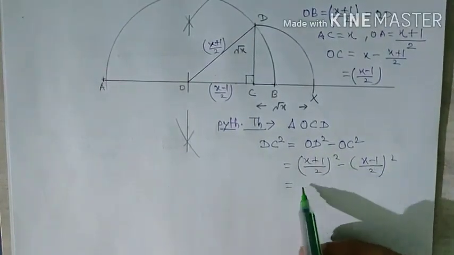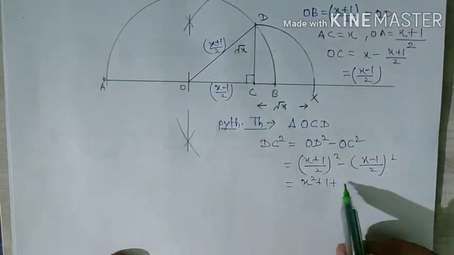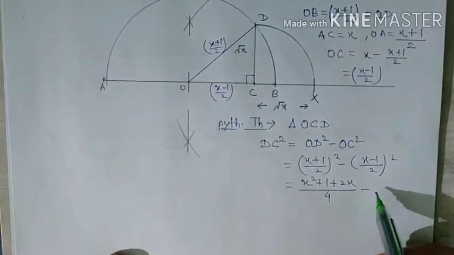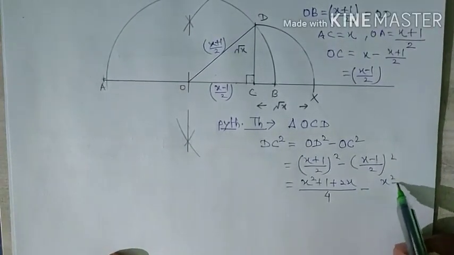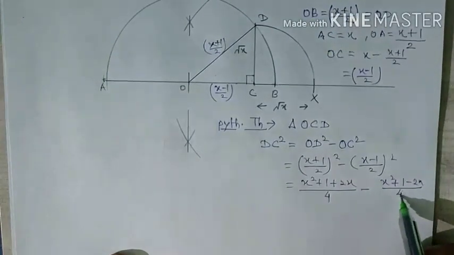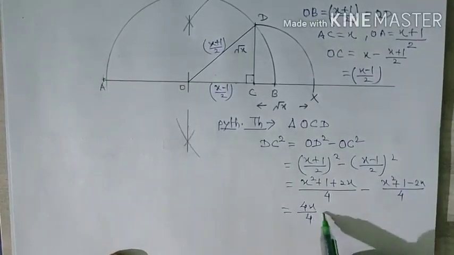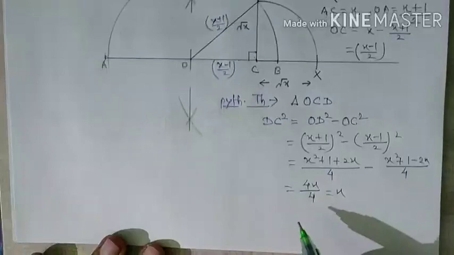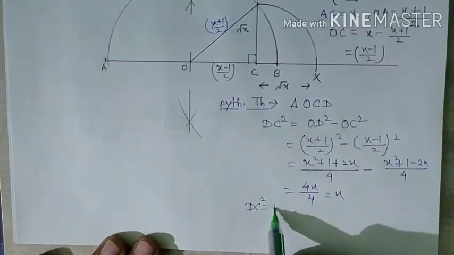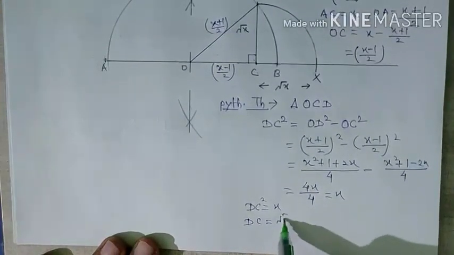So after solving this we'll get x square plus 1 plus 2x divided by 4 minus x square plus 1 minus 2x divided by 4. If you subtract it, you'll be getting 4x upon 4. It means x only. So DC square will be x. It means DC is root x.